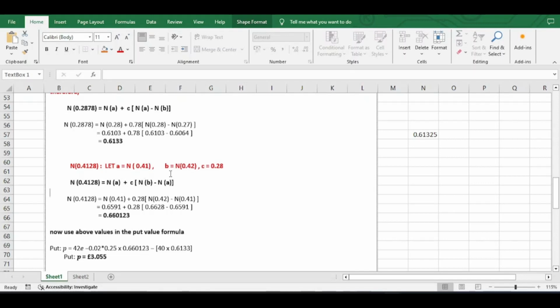And then you also have to make sure the difference is taken from the big number minus the small number. So in that case, your formula will be NA plus C, NB, because NB is the bigger number compared to A, B minus NA. And then find the probabilities of 0.41 and 0.42.